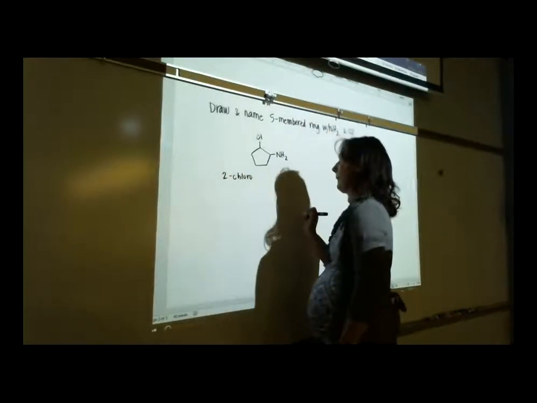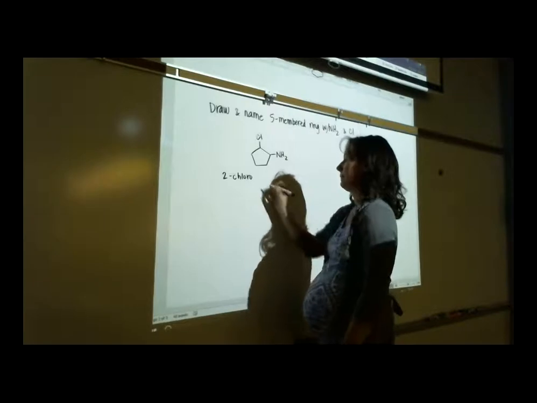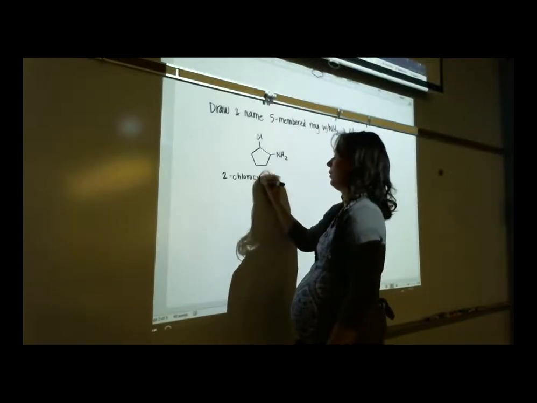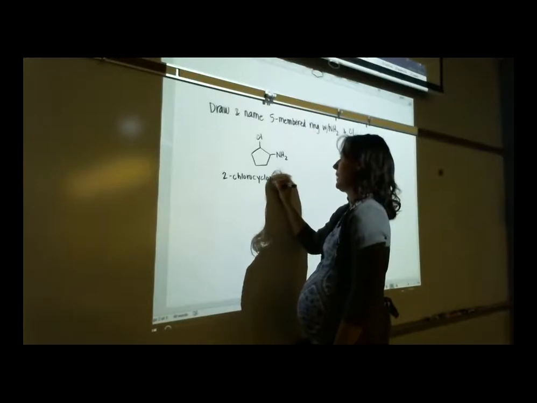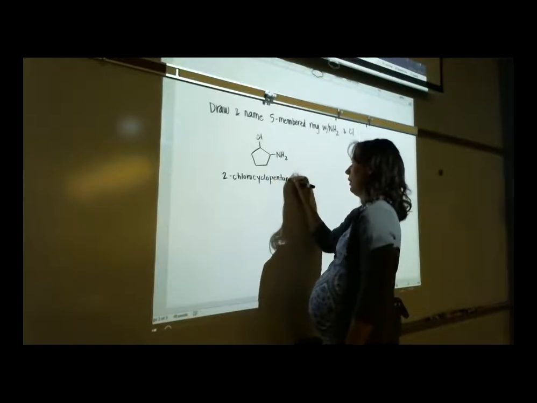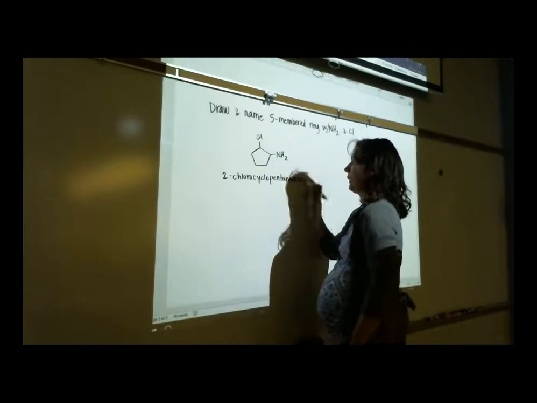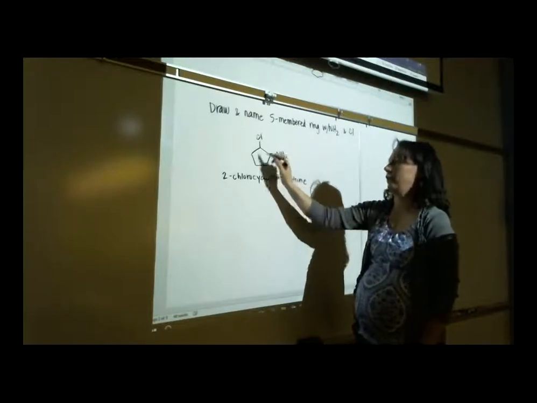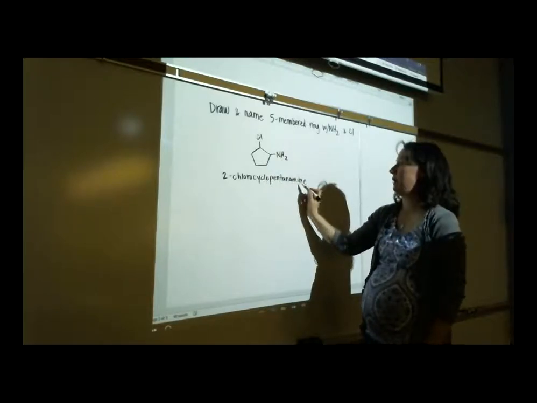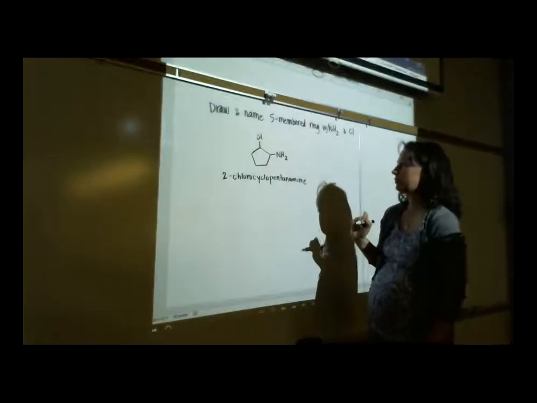Then what? Cyclopentanamine, right? Because cyclo tells the reader that it's in a ring, the pent tells the reader that it's a 5-membered ring, and the amine means that that's carbon number 1.